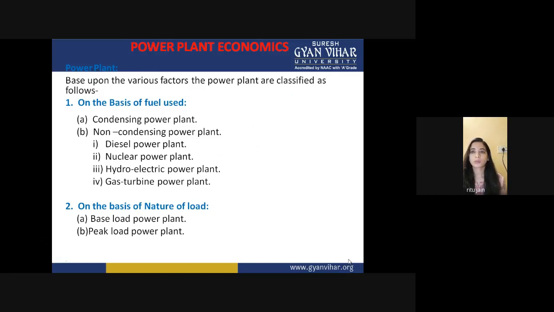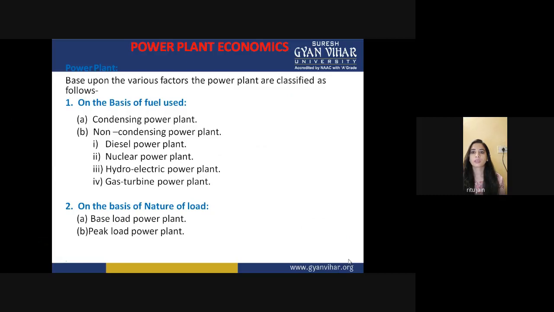Based upon various factors, the power plants are classified as follows. First, on the basis of fuel used: how can you divide power plants according to fuel?